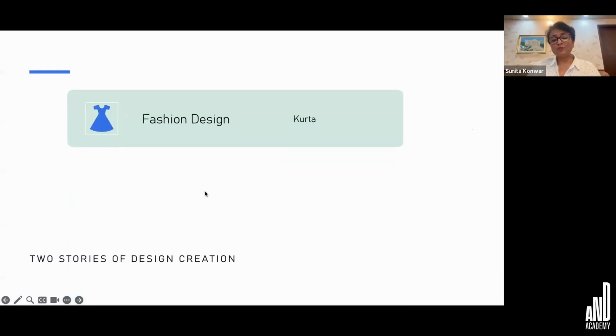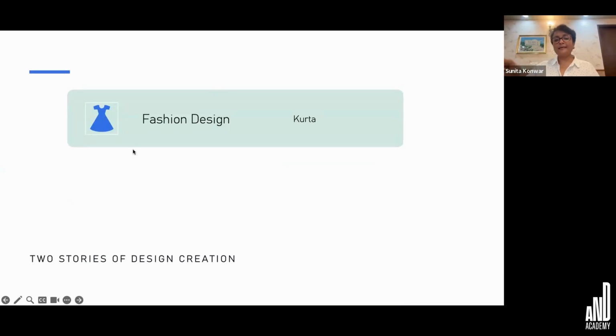So there are two stories that I'm going to talk about. And this is not just a story, but an experience that I've had teaching for these many years. The other day, I was sitting in my faculty room, and one of my students walked in wearing a new kurta.